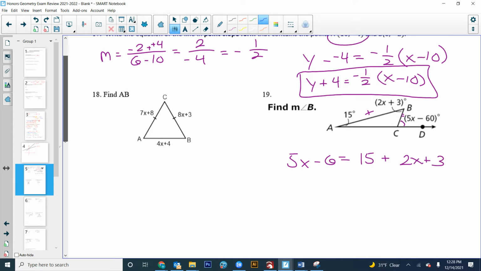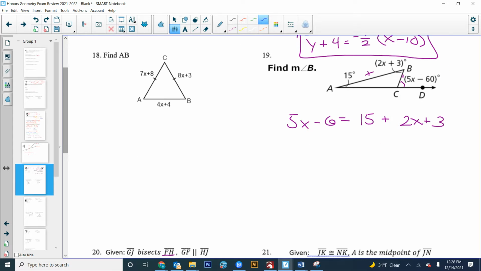All right, moving on. Oh, look, I see an angle that's outside the triangle. Let's call it an exterior angle. Do you remember the exterior angle theorem? The exterior angle of a triangle is equal to the sum of the two non-adjacent.